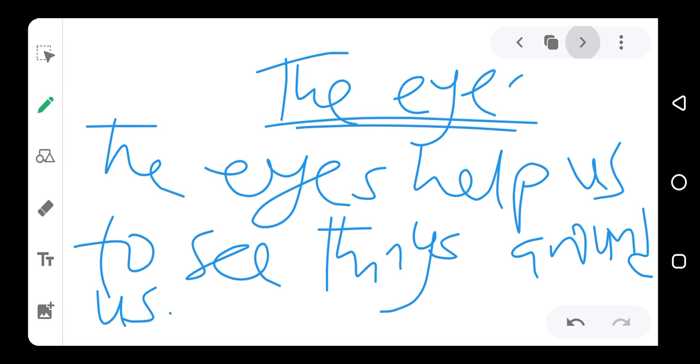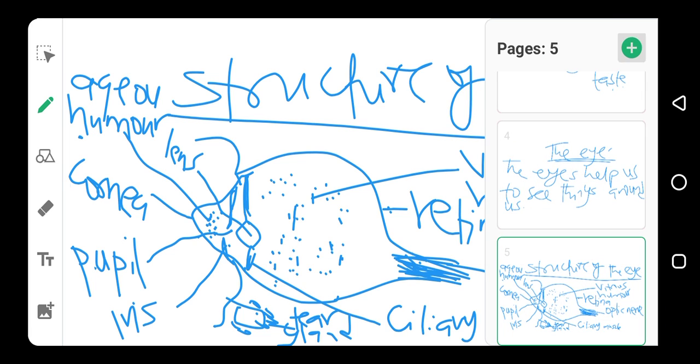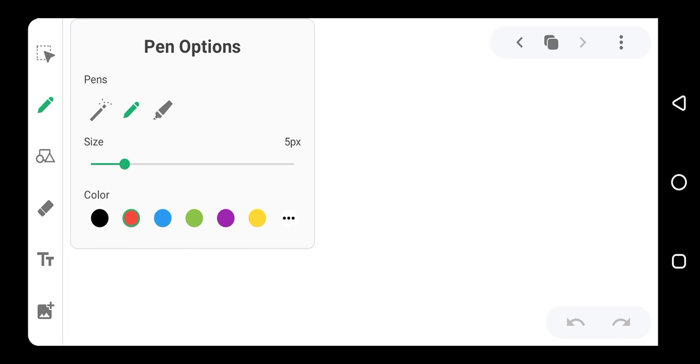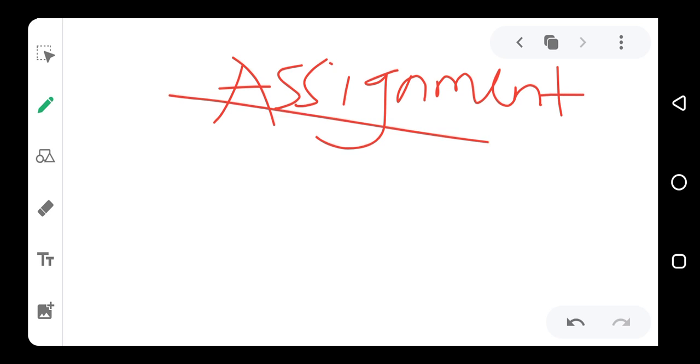What you are going to do for me is to draw the human eye, label it correctly, and write out the function of each part of the human eye. So this is your assignment. You do this and you submit.